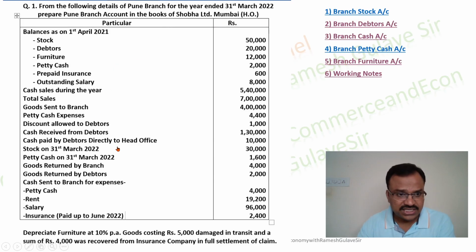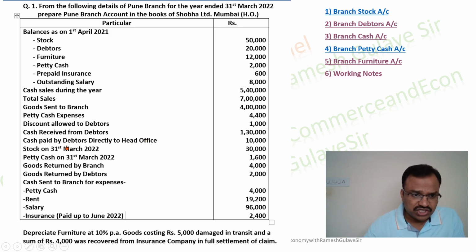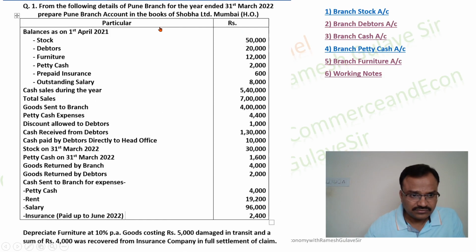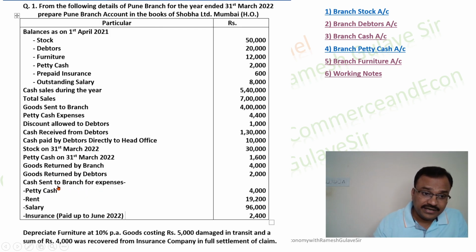Next point, cash received from debtors is over. Next, cash paid by debtors directly to the head office. We have recorded it already. Then stock on 31st March, petty cash, goods returned by branch, goods returned by debtors, and cash sent to branch for expenses.